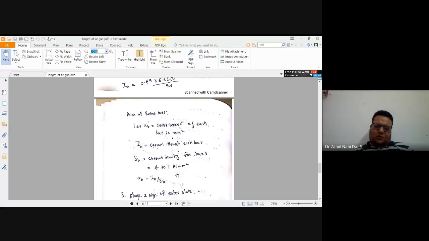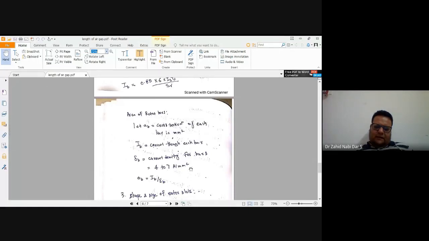Here, with respect to current density, you have to be very particular, because if this is centimeter square while main dimensions are in meter, centimeter square means per 10 power minus 4, so you have to multiply with 10 power 4.